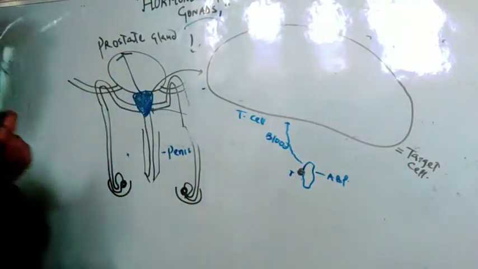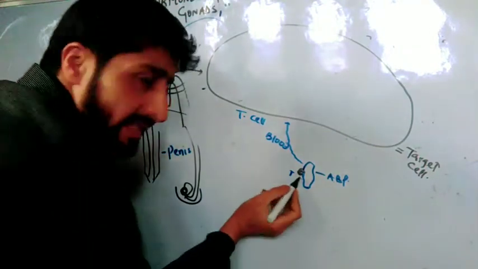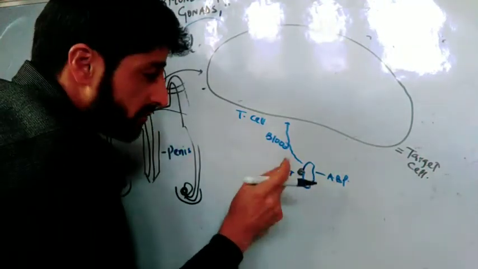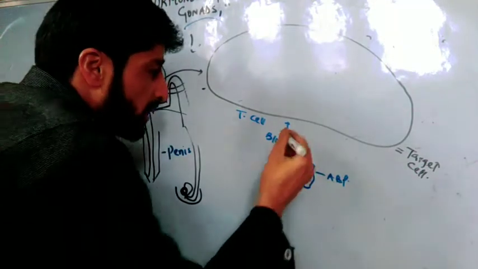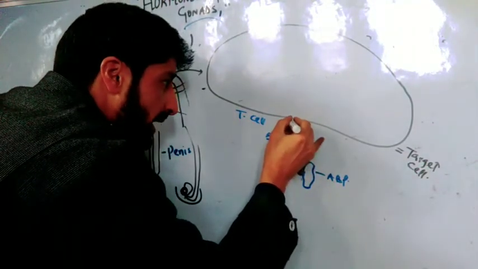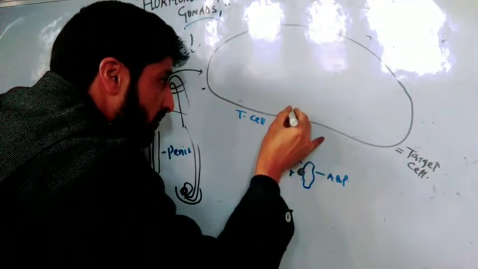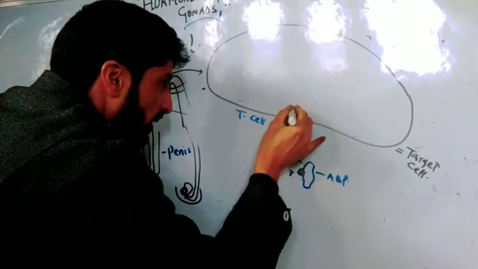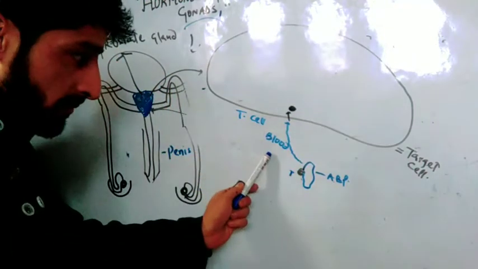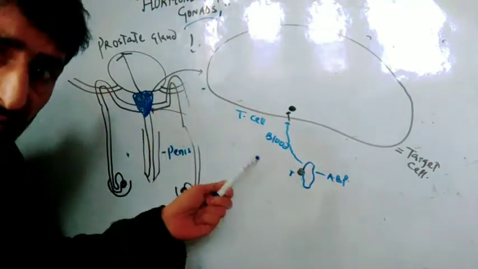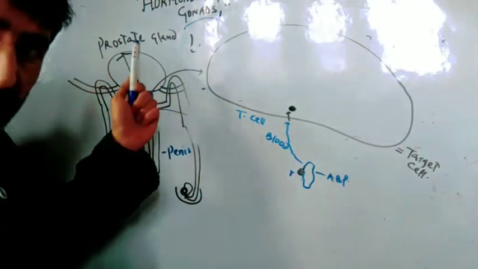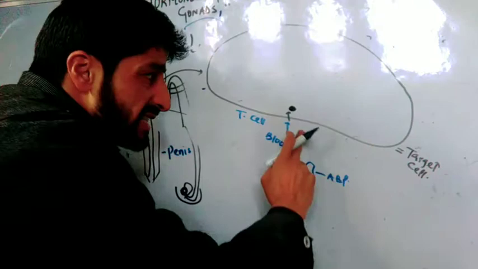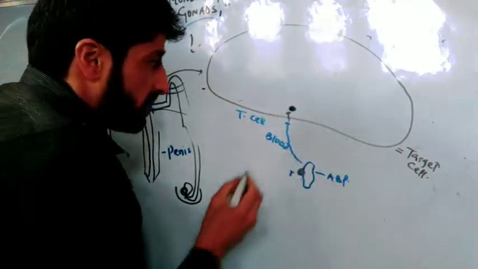What happens is that testosterone is a steroid hormone, a fat soluble hormone. This testosterone hormone can easily cross through the cell membrane. Being a steroid hormone or cholesterol derived hormone, it is easily permeable through the cell membrane.